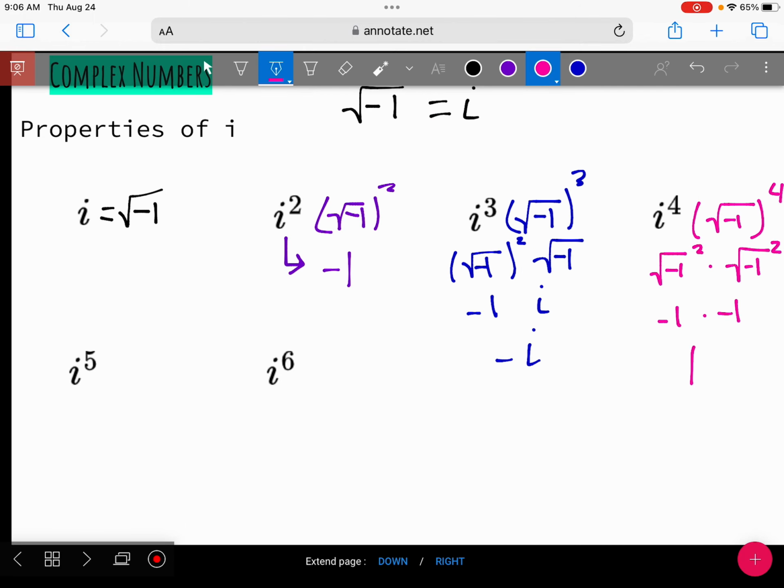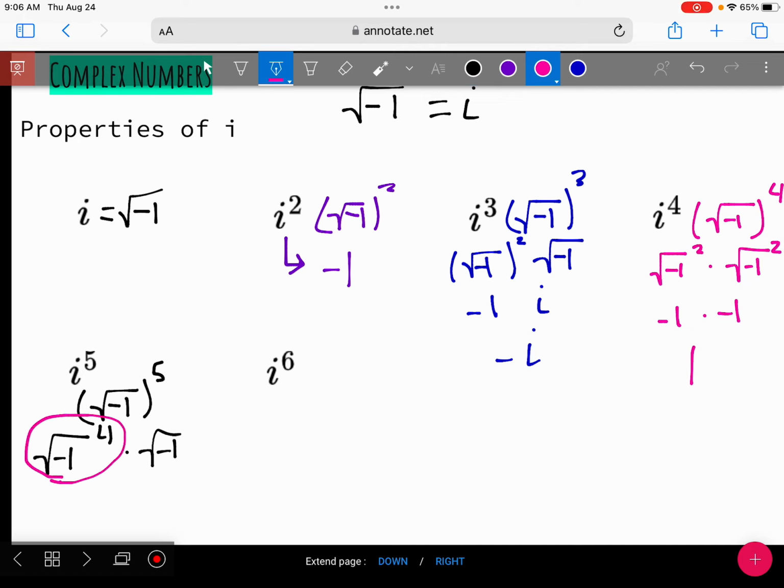And then, hopefully, it's going to start refreshing a little bit. It becomes a cycle. Because i to the fifth, that is square root of -1 to the fifth, I can factor out i to the fourth times square root of -1.